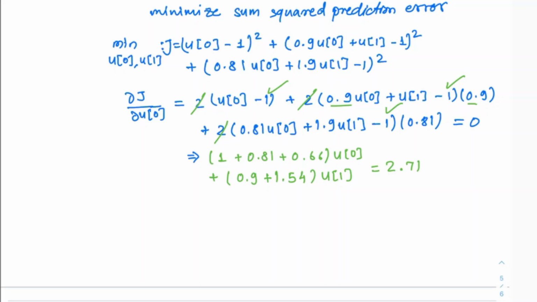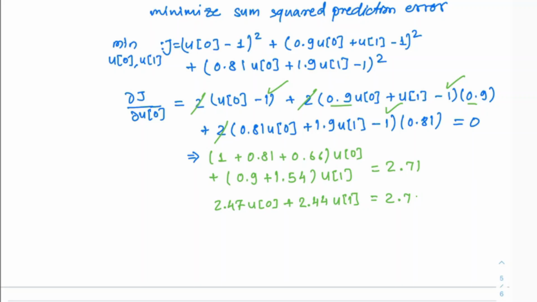If we add these, 1 plus 0.81 plus 0.66 is 2.47, and 0.9 plus 1.54 is 2.44. So 2.47 u0 plus 2.44 u1 equals 2.71.